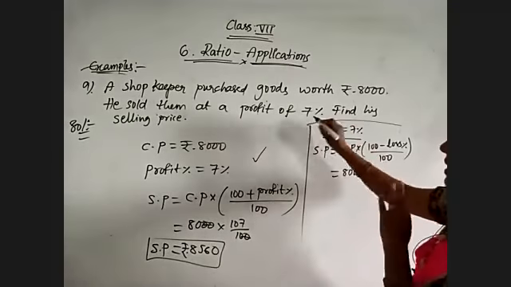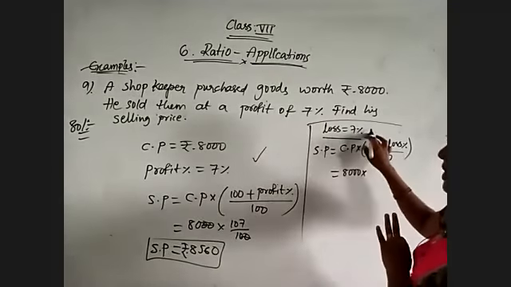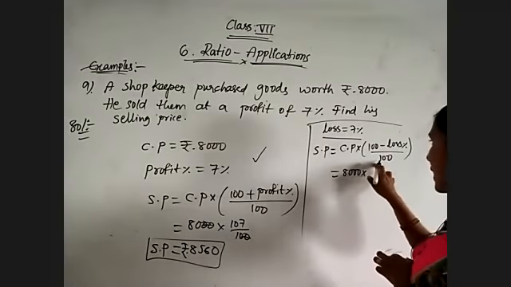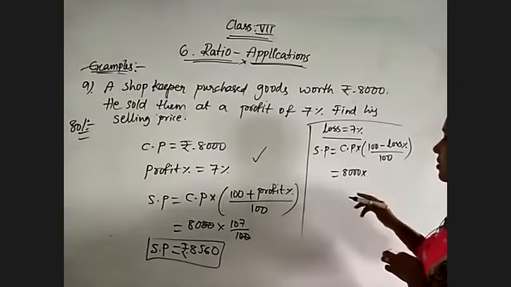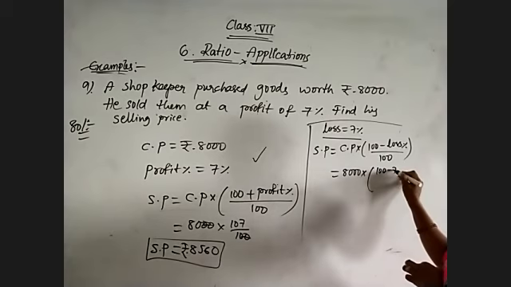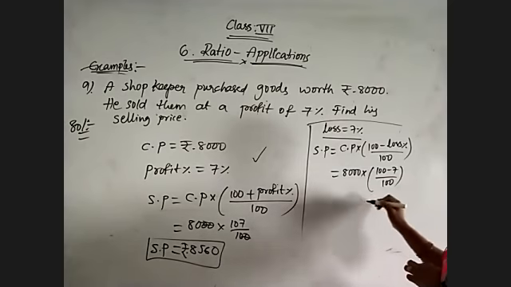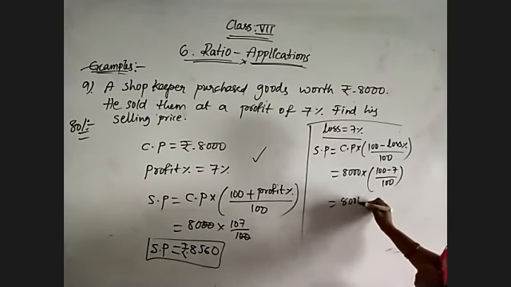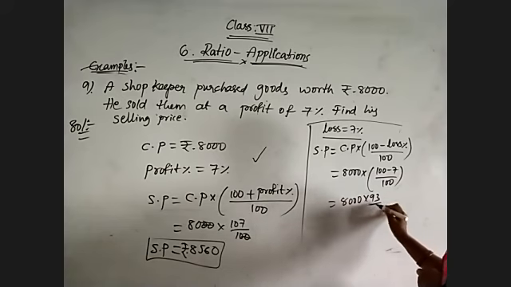But if instead of profit percent they have given loss percent, then how to solve? In that case we need to use this formula. So 8,000 into 100 minus loss percent, that is 100 minus 7, by 100. 100 minus 7 is nothing but 93. So 8,000 into 93 by 100.